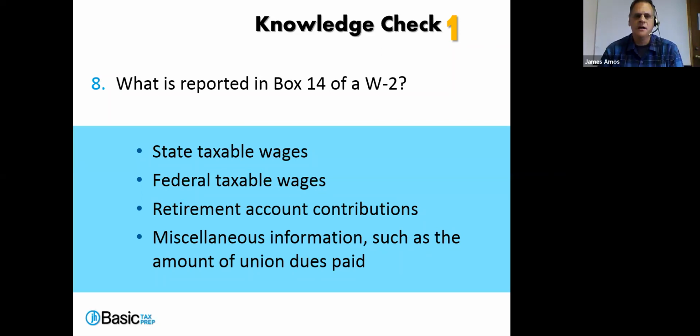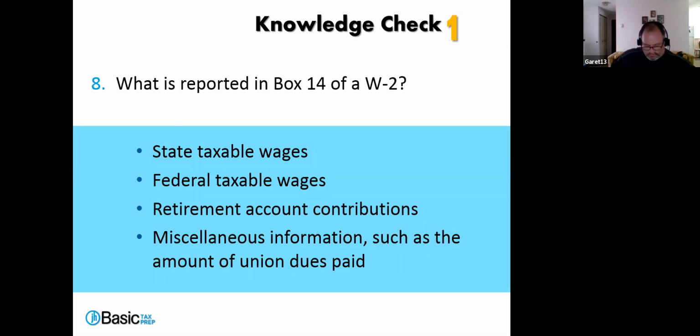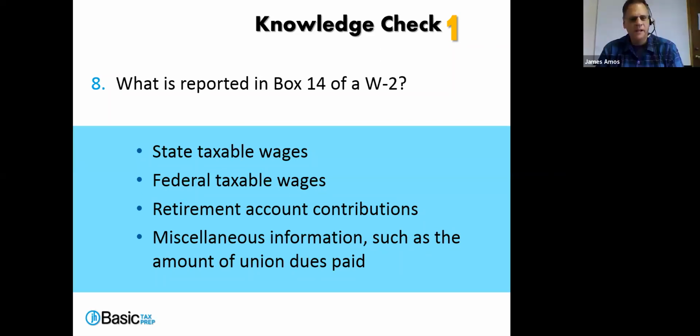Okay, and retirement account contributions. What box does that go in? Box 12. So, that leaves us with miscellaneous information such as the amount of union dues paid. And that's your answer right there. Now, what we just did there is a great demonstration of how to take a test.